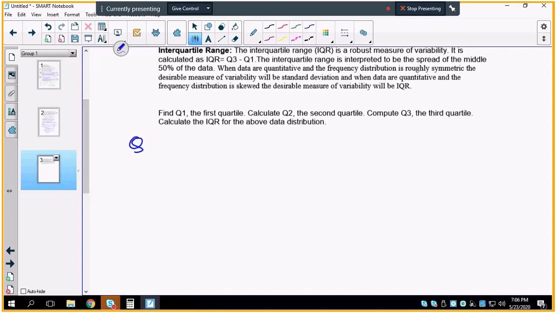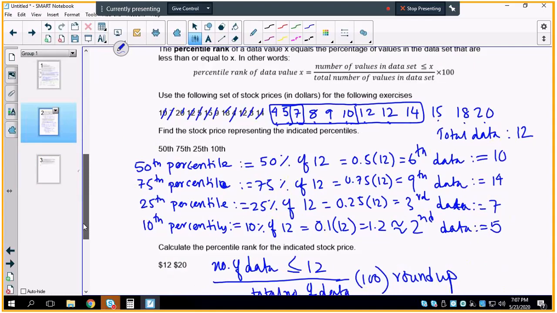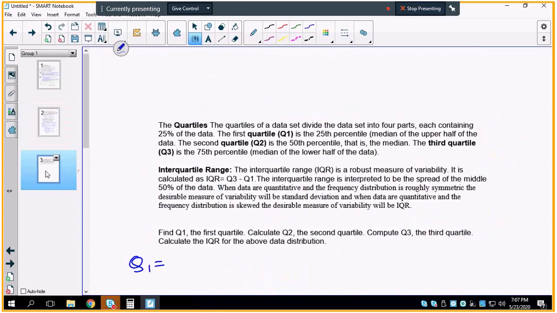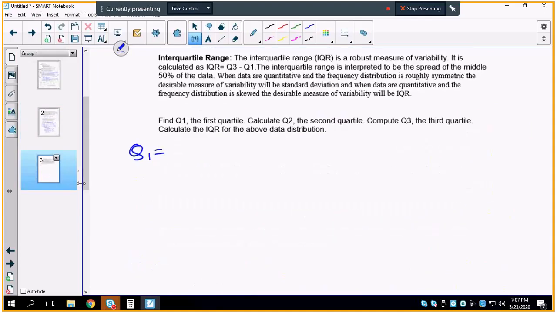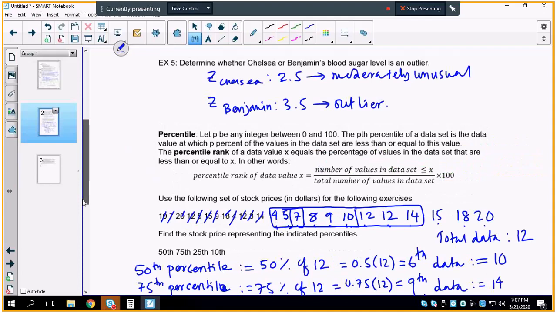So let's see, Q1, we already found, is the third data of the distribution, and that number was the 25th percentile, so 7. Q2 is the 50th percentile of the distribution, so that was the 6th data of the distribution, and we found that to be 10.